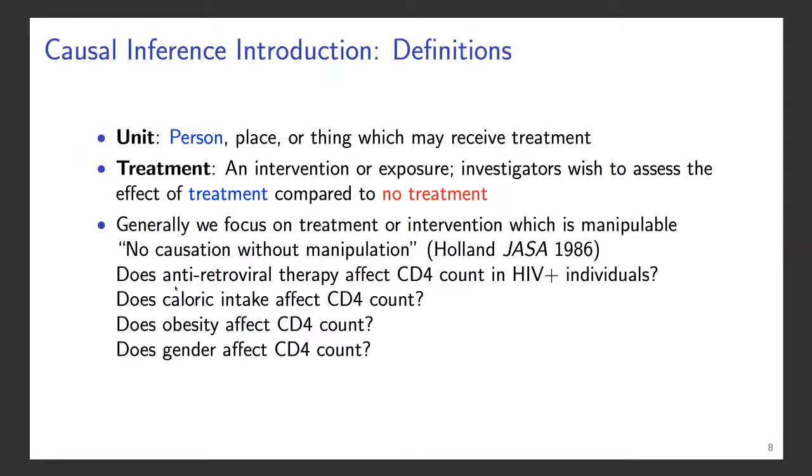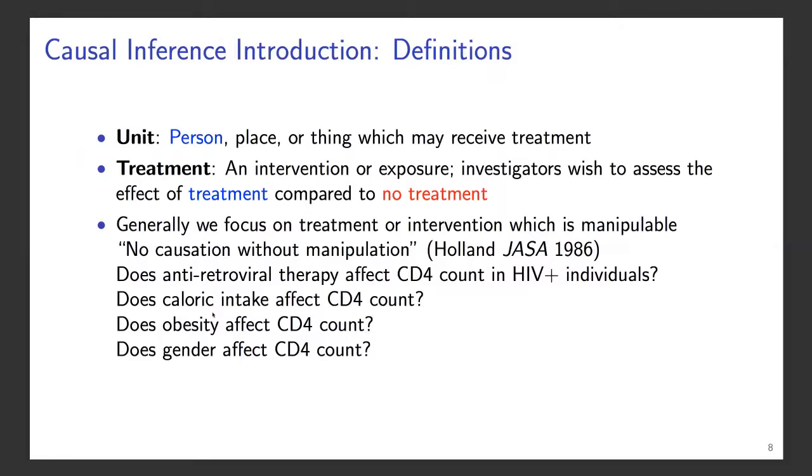Then this spectrum of questions moves towards variables that are maybe a little harder to manipulate. You could ask, does caloric intake affect CD4 count? And again, maybe we can think about assigning individuals to a high calorie diet and a low calorie diet.